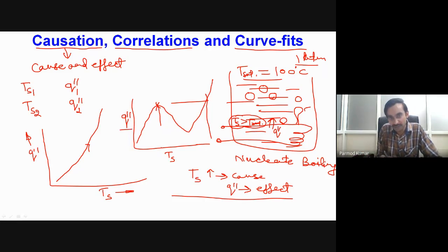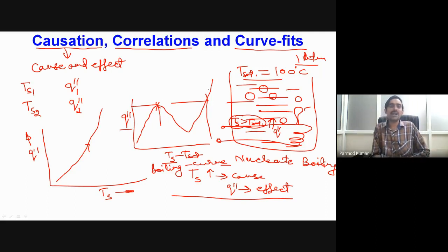This type of curve between the heat flux and Ts minus T saturation is known as a boiling curve. If we study the boiling curve, we have different regimes of heat transfer, nucleate boiling, film boiling, etc. And in each individual regime, we have a different correlation between the heat flux and the surface temperature.